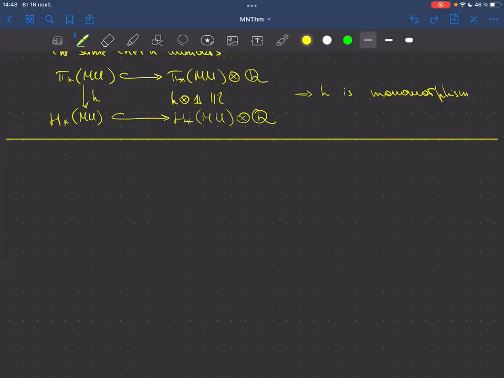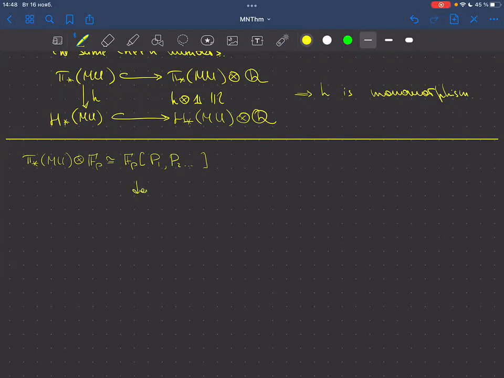Next, I want to prove that once we tensor pi star of mu with Fp, we obtain a free polynomial algebra.